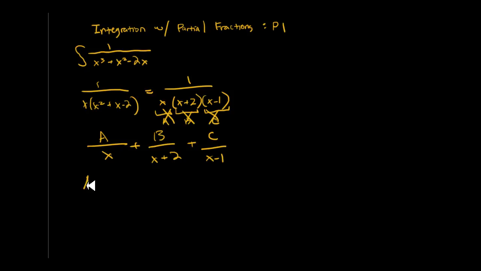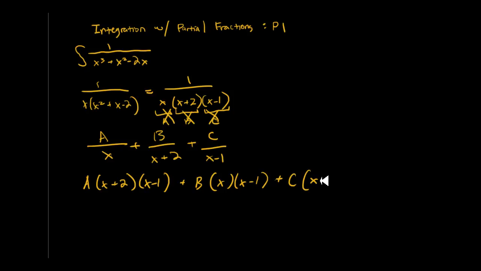So I'm going to start by factoring it out. B times x minus 1 plus C times x plus 2. Okay, so I just multiplied it out.